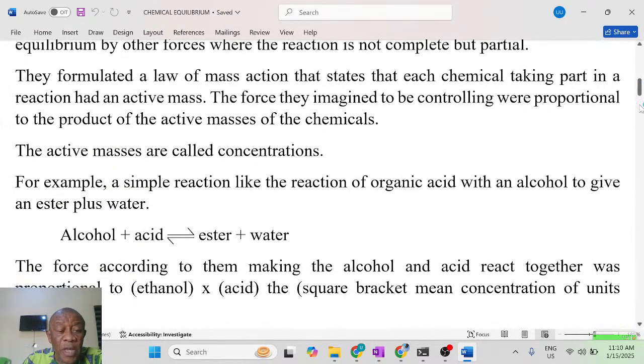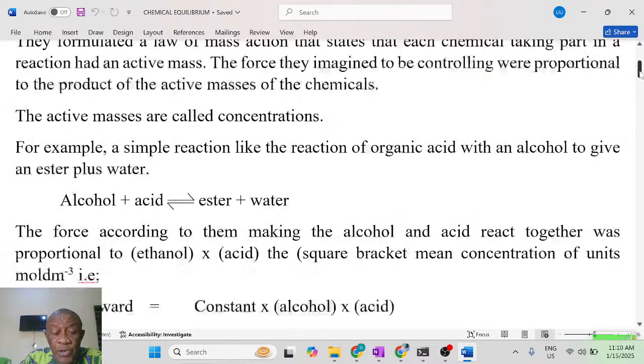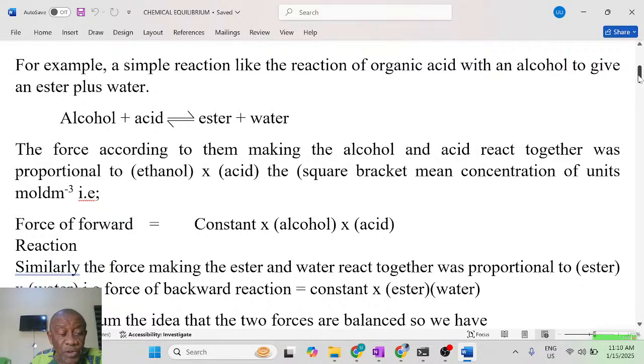For example, in the simple reaction of organic acid with alcohol to give ester and water, the force, according to Waage and his friend, in making the alcohol and acid react together was proportional to the ethanol concentration and acid concentration. The square bracket refers to concentration, and the unit of the concentration is mole per dm cube.